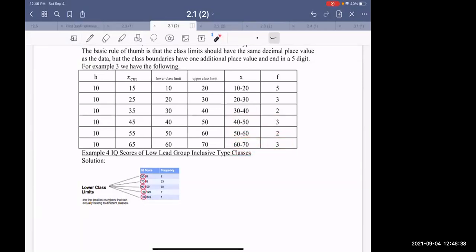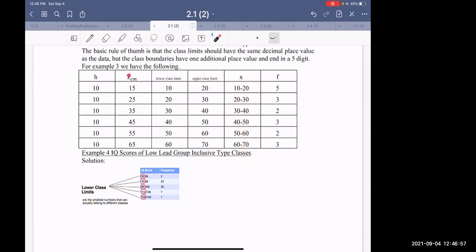The lower class limits are the first numbers, 10, 20, 30, 40, 50, 60. The upper class limits are the second numbers, 20, 30, 40, 50, 60, 70.